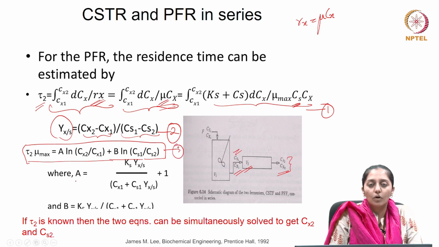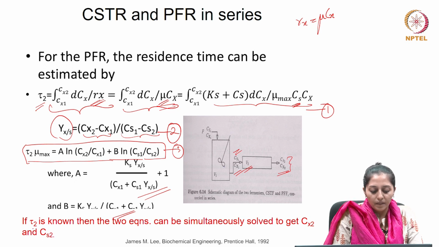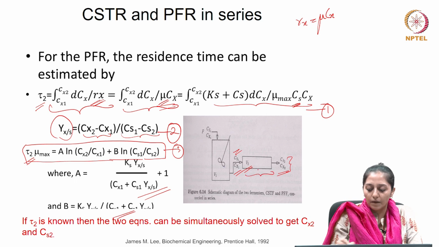A and B, as we have already seen in batch reactor design, are constants which are a function of the inlet substrate and biomass concentration and yield coefficients with Monod's model parameters. Now tau 2 here was the residence time of the plug flow reactor.